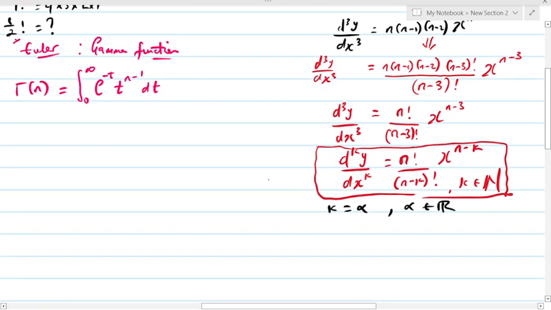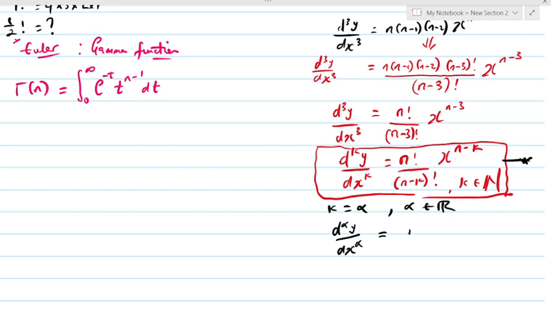So in that case, let me call this equation star: d^alpha y over dx^alpha equals n factorial over n minus alpha factorial times x to the n minus alpha, where alpha belongs to the real numbers.